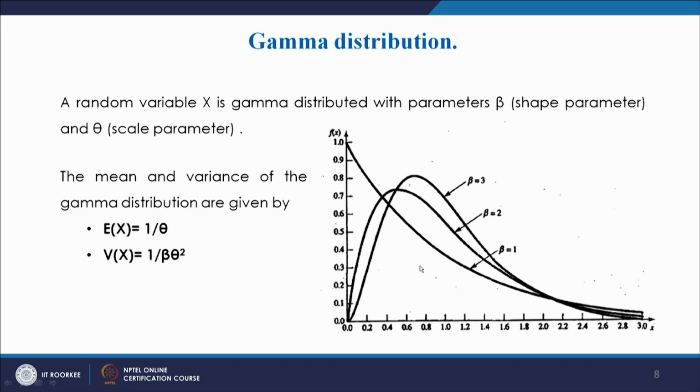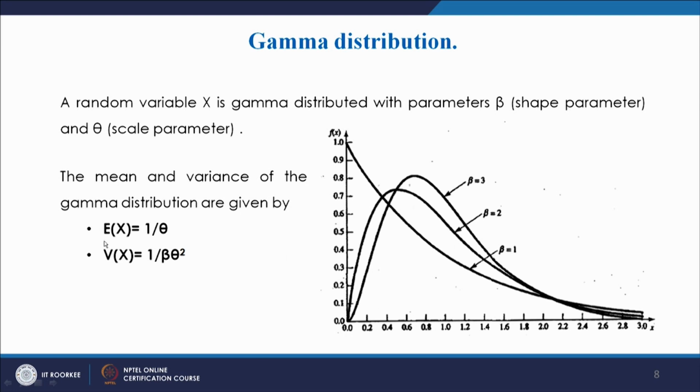As you see here, with theta as 1 and beta with values 1, 2 and 3, you have the different graphs shown here. If beta and theta both are 1, you see an exponential type of curve. And once you have beta as 2 and 3, then your curve looks different.